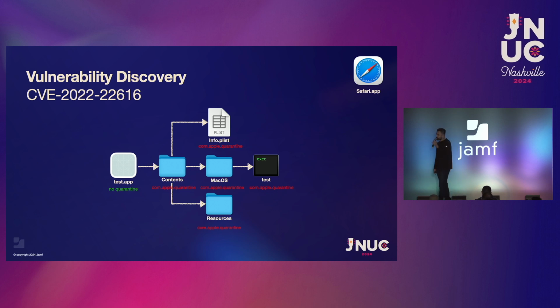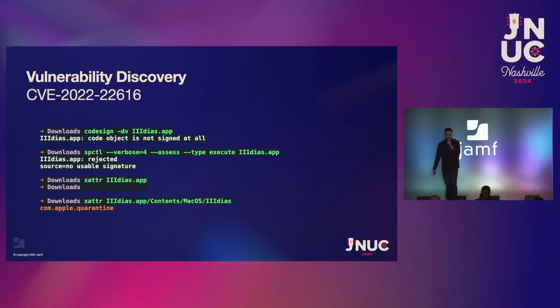In our case, when we downloaded this through Safari from that itch.io website, we were actually looking for malware, and we ended up finding a vulnerability. There was no quarantine attribute on the main app bundle itself.